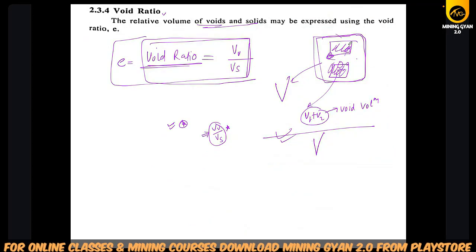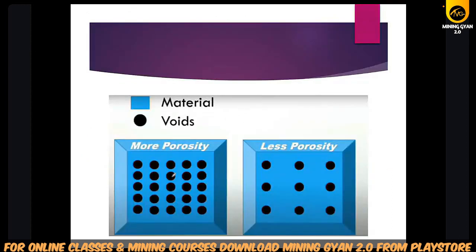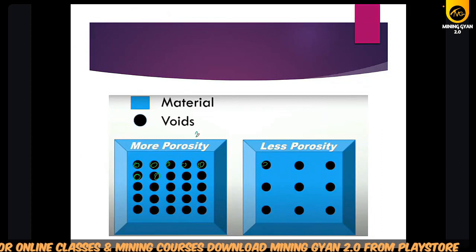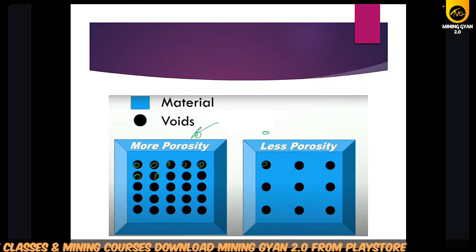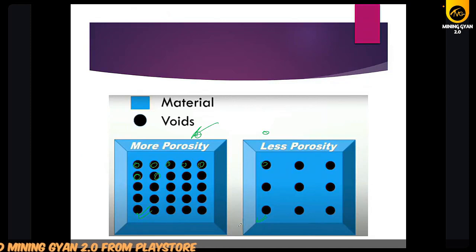Then we have also seen the void ratio. What is the void ratio? What is the void? Suppose this is your block and these are the pores. These are the voids, the blank space. In both blocks, one block has more voids and the other has fewer.